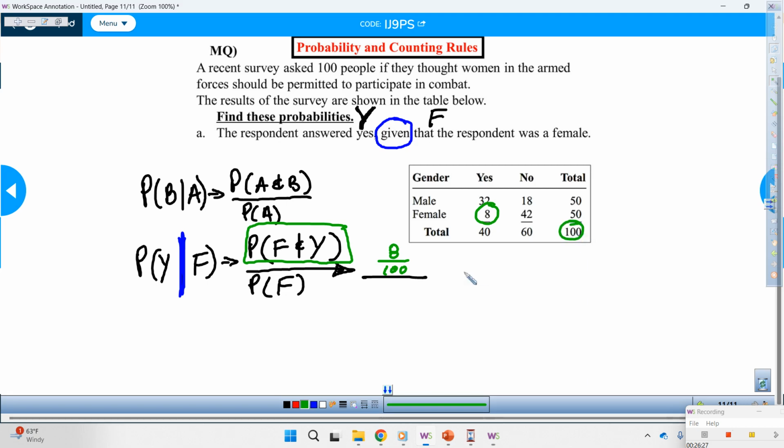All right, so if that's for female and yes, what fraction do we use for the probability of just female? Talk to your neighbor. All right, good conversation. Carter, pass someone. Max, for female only.